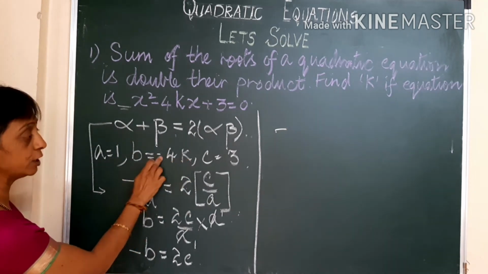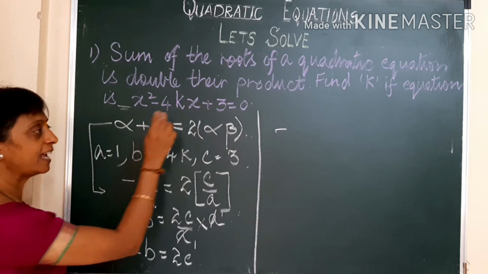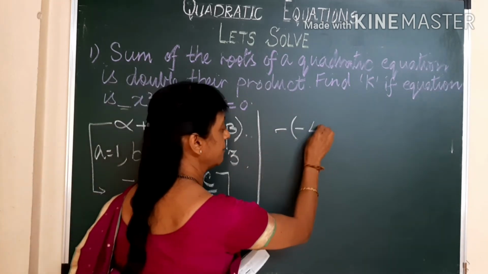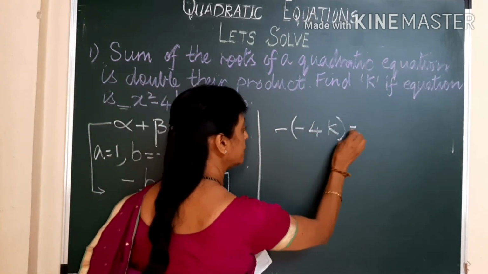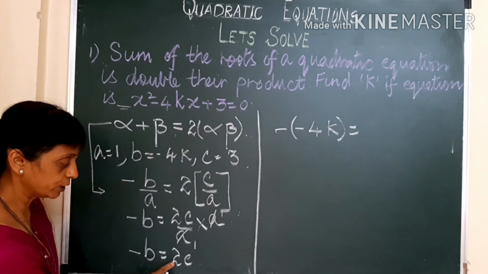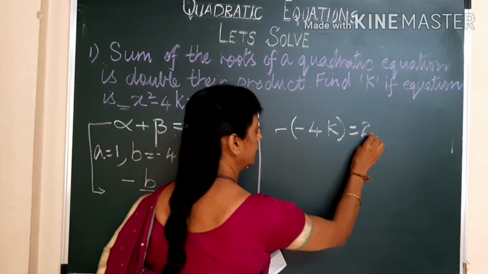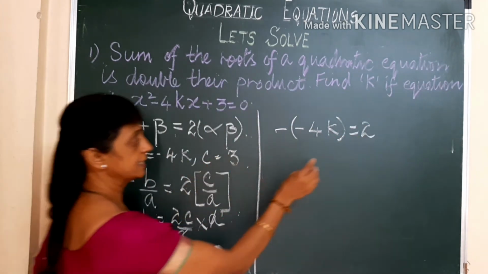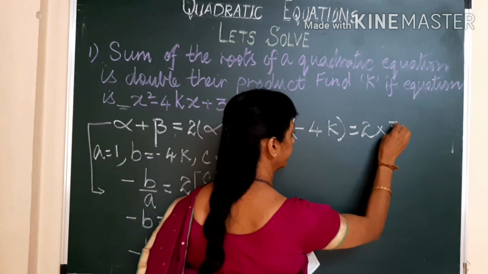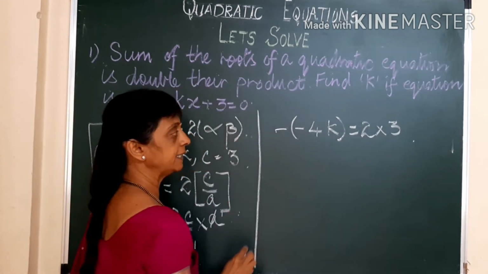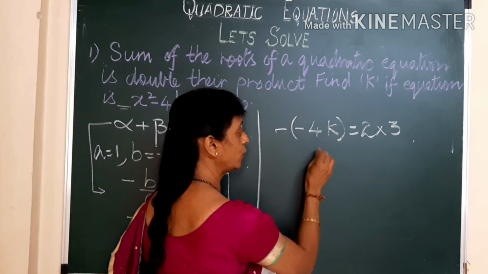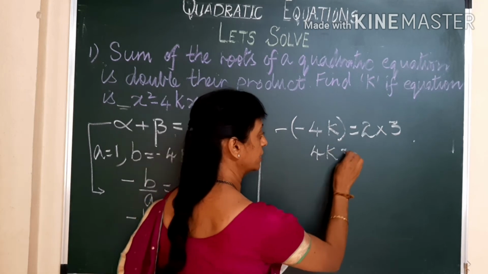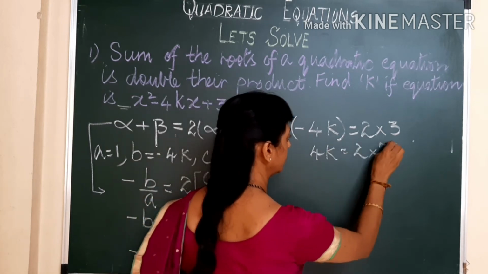Minus 4k. Don't forget this sign. So into bracket, minus 4k, close the bracket, which is equal to 2 into c. What is c? c is equal to 3. Minus into minus gives you plus. Plus 4k, which is equal to 2 into 3.